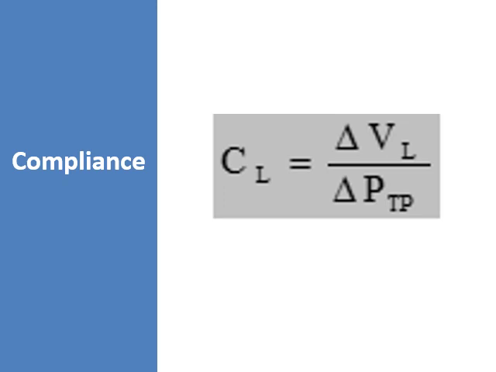So the equation for the compliance of the lung is expressed as the change in the volume of the lung divided by the change in the transpulmonary pressure. When the pressure inside the hollow structure is greater than the pressure outside, the distending pressure is positive and the structure expands. If the reverse occurs, the hollow structure collapses.